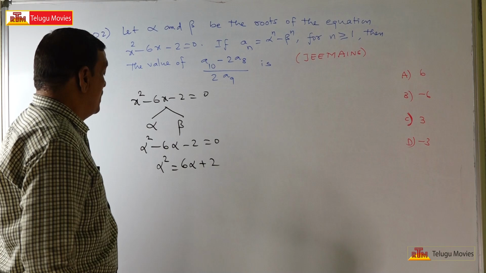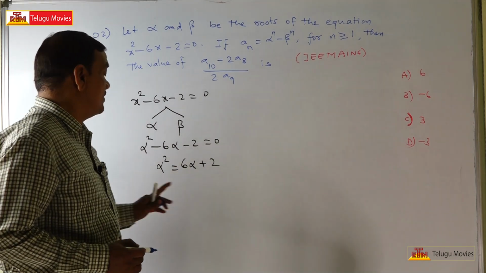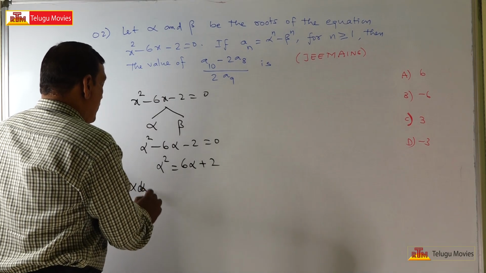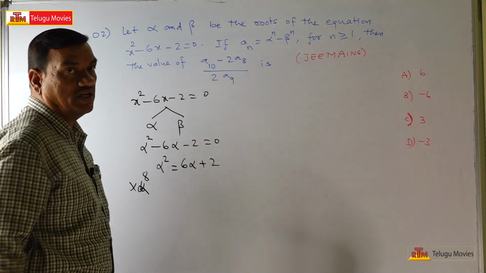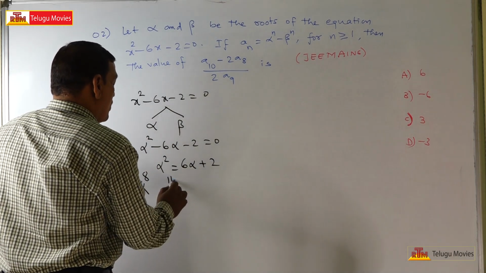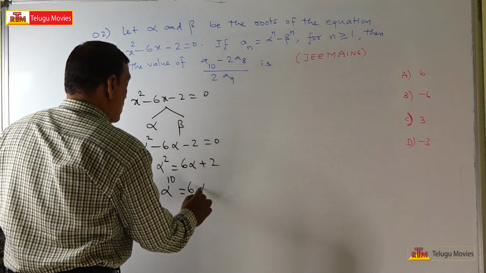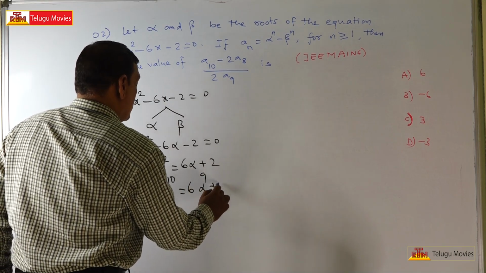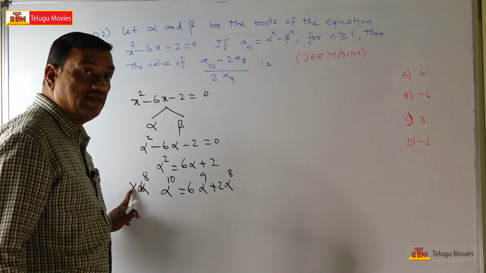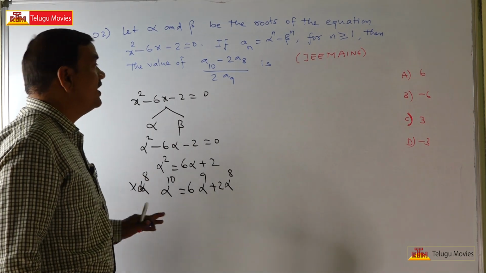Okay, now I want alpha power 10. So, that is why I multiply with alpha power 8 throughout the equation. Multiply with alpha power 8. So, this is equal to alpha power 10 is equal to 6 times alpha power 9 plus 2 times alpha power 8. So, what I did? I multiplied with alpha power 8. Why?